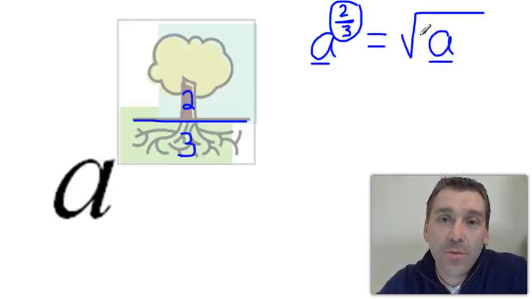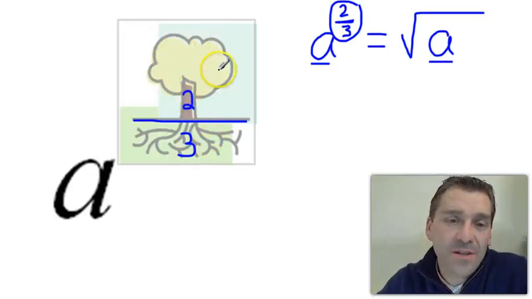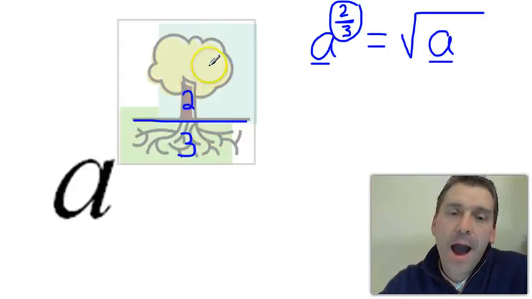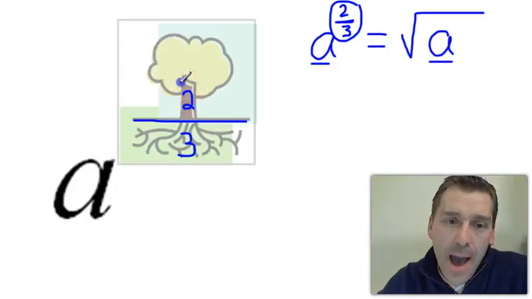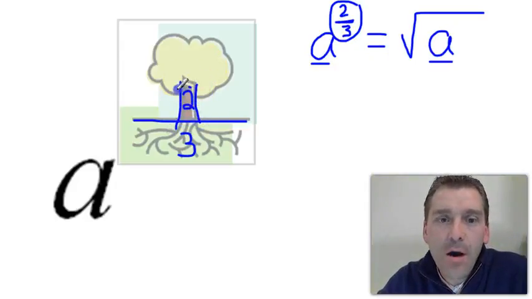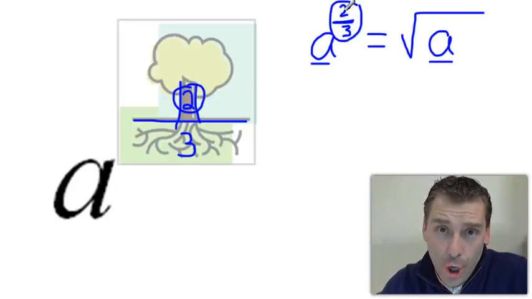How does it translate? Well, ladies and gentlemen, here's how it works. In a tree, the leaves and the twigs and the limbs are not the powerful part of the tree. The powerful part of any tree happens to be the tree trunk. So the thing that is above the fraction bar, that is your power.